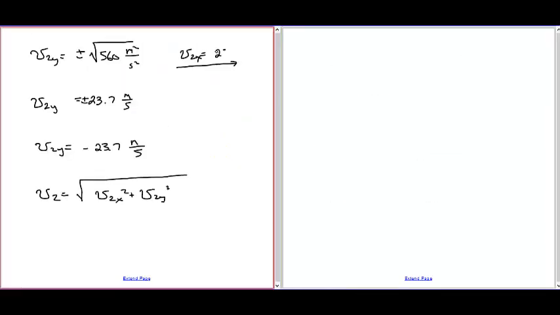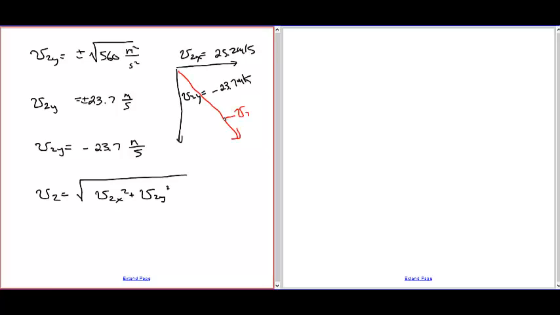So this is 25.2 meters per second, and then you have this downward component. So this is v sub 2y, which is negative 23.7 meters per second. And then you draw your resultant vector, which is here.